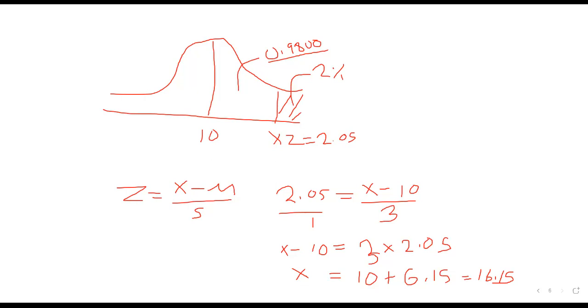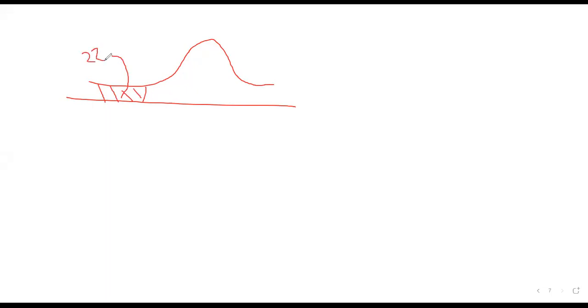We now go to another question. Suppose we are asked to find the value of x for which we are less by 28.1%. So less is on the left side here. Here, we're going to cut from this side, 28.1%.